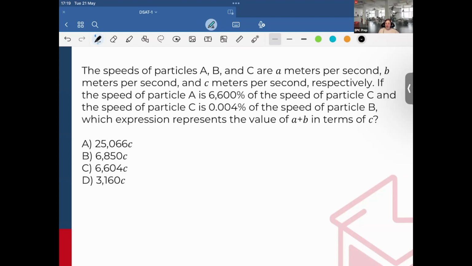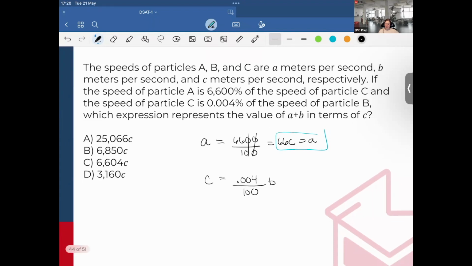So if the speed of particle A is 6,600% of the speed of particle C, remember, I just put the percents over 100, and that's basically 66 times C, which is equal to A. And then below, the speed of particle C is equal to 0.004 over 100 of particle B.